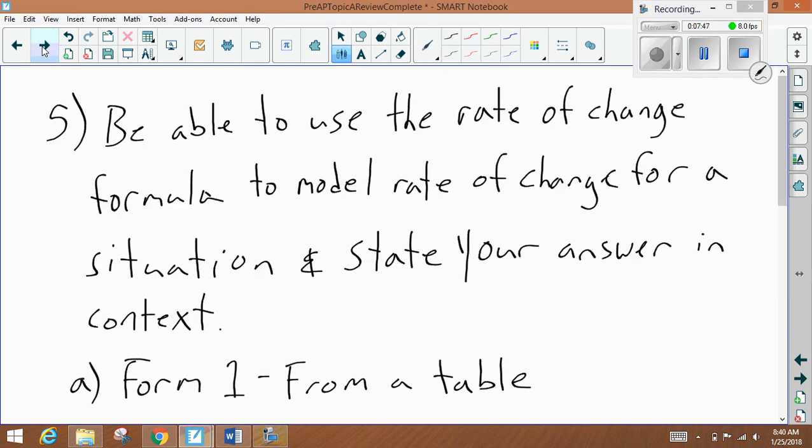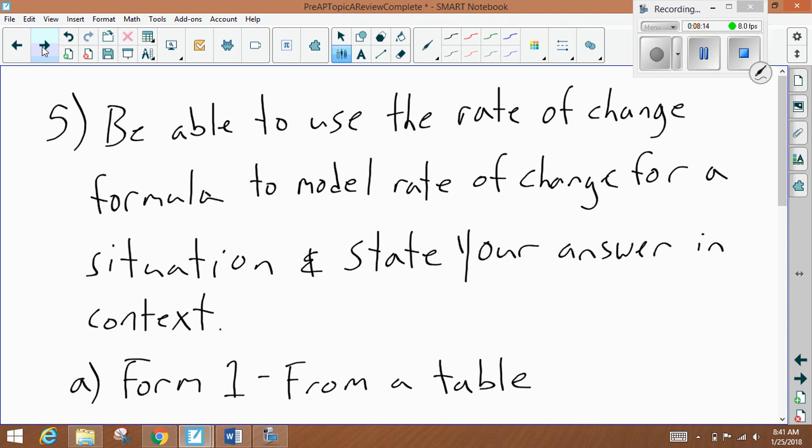All right, so rate of change. We just did this. You're going to use that rate of change formula to model rate of change for a situation. So there are 2 questions using rate of change on your test. One is finding rate of change from a table of values. The other one is finding rate of change when given a function that models a certain situation.